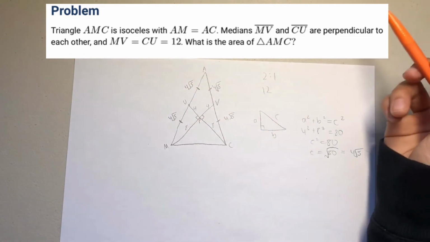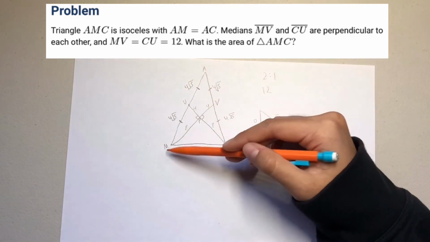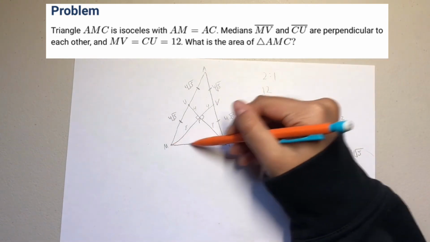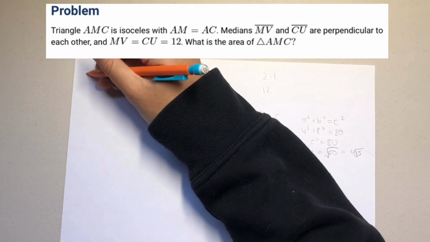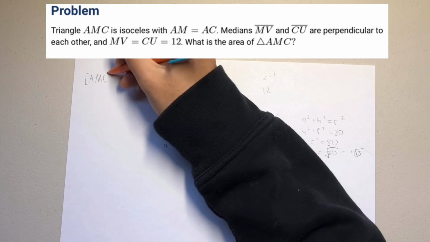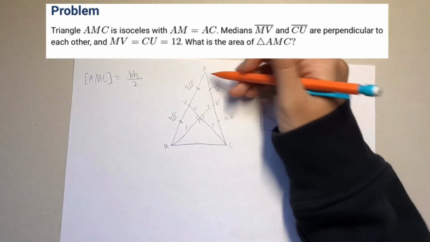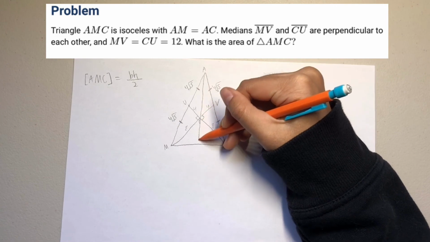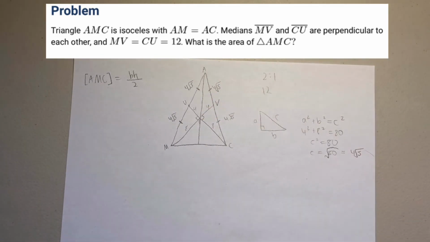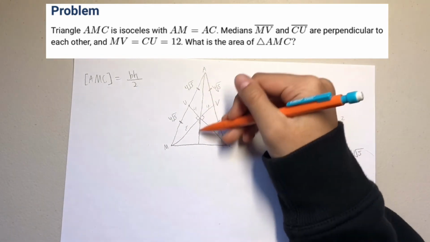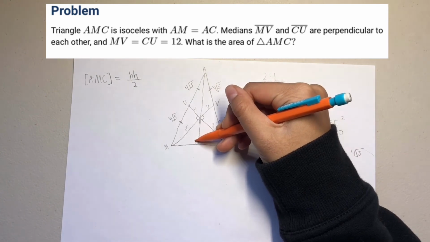Now we want to find the area of triangle AMC, so we need the base and the height because the area is equal to base times height over 2. So I'm just going to draw the height right here. And so this is the height, which means this is a right triangle.